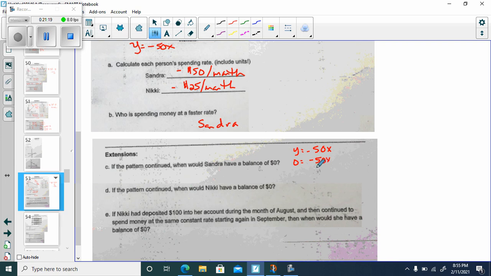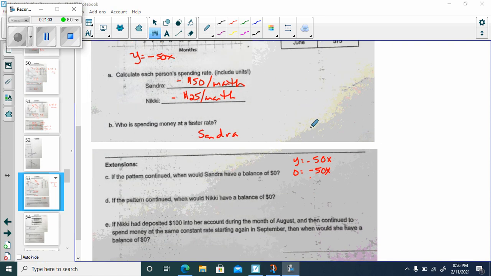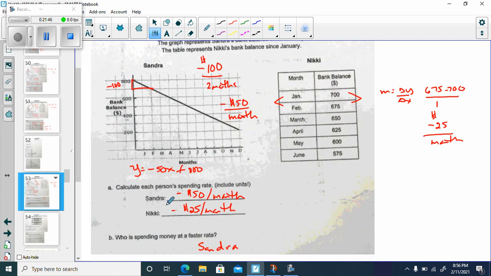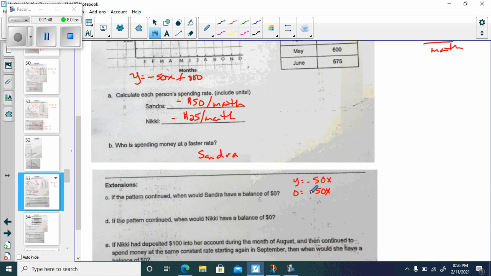Okay, we need to make sure we've got the b in there. What did we start with on the b? Sandra starts with $800, so her equation is y is equal to negative 50x plus 800, okay?